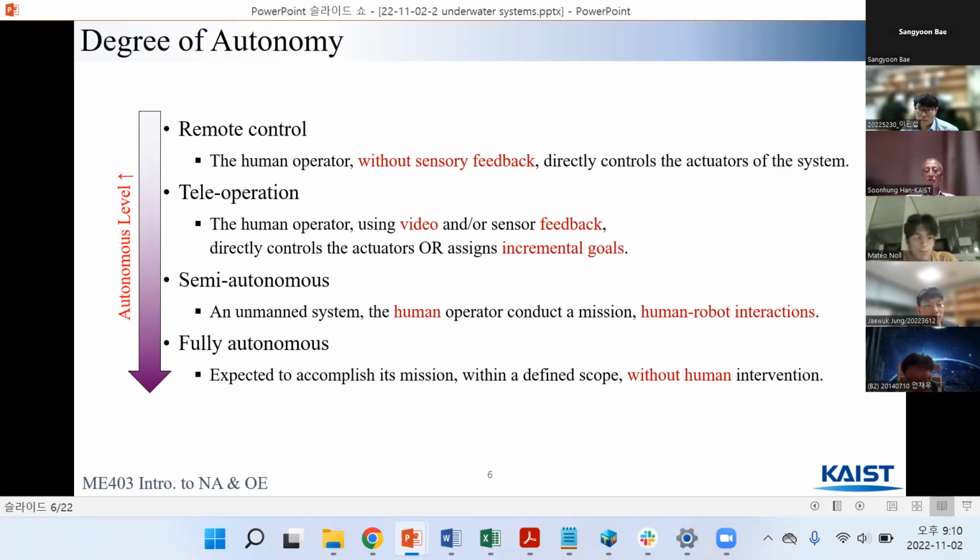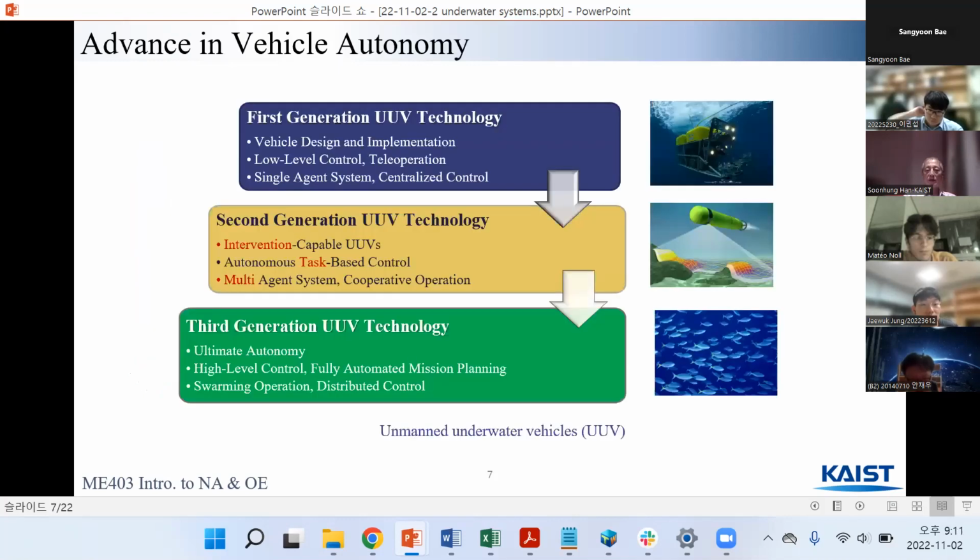And in a fully autonomous system, a mission is given, and the scope is usually defined, given. But after that, there is no human intervention, right? So there is a level of autonomy in this way.